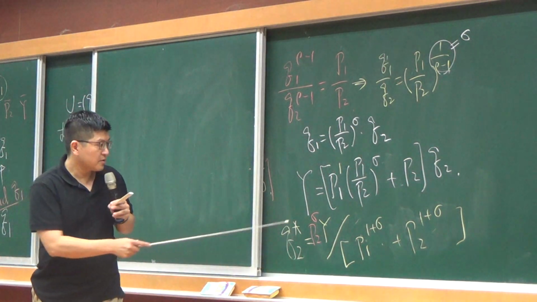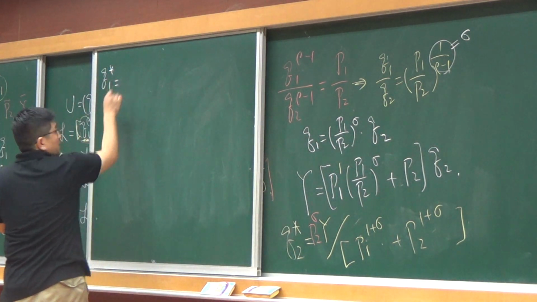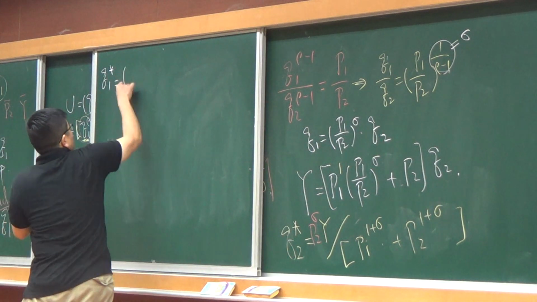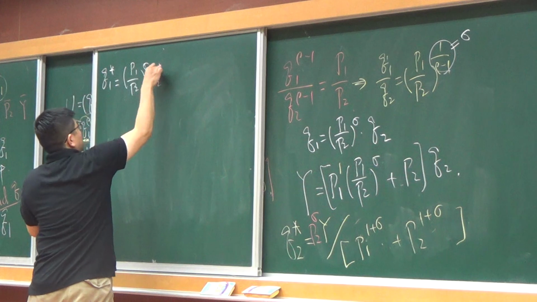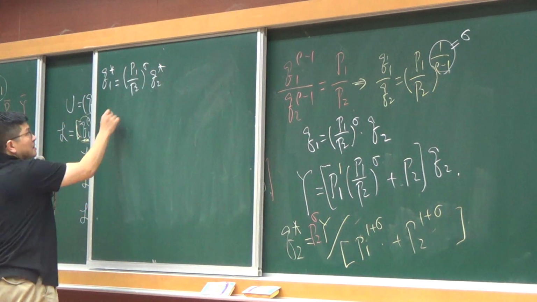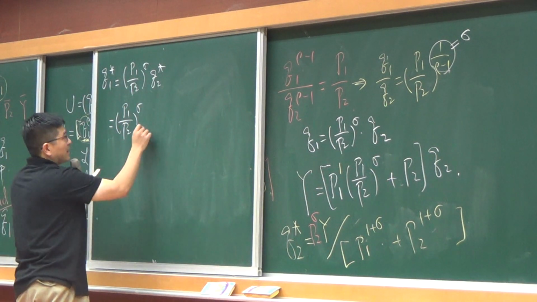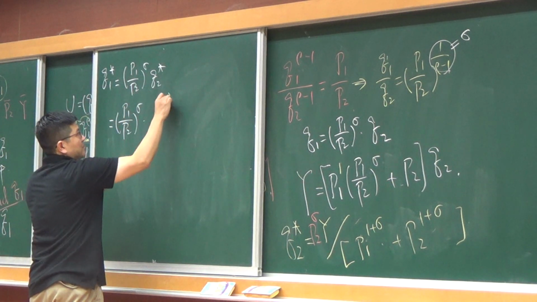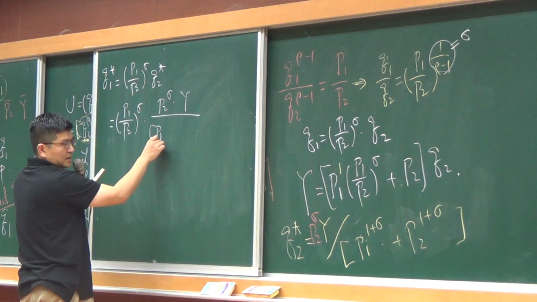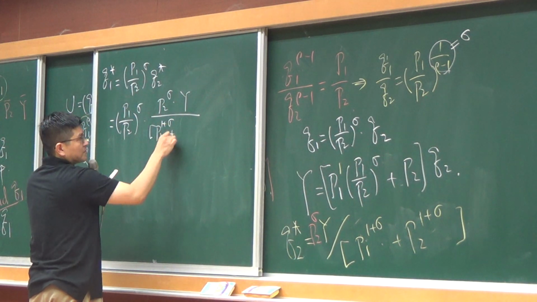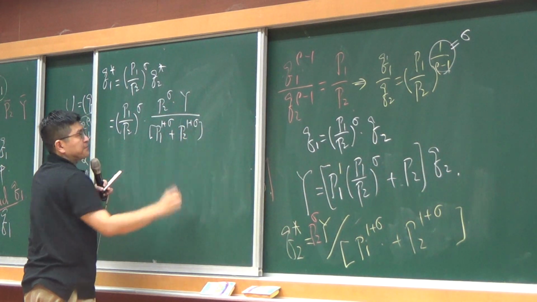Since Q2 star looks like this, and Q1 star is P1 over P2 to the power of sigma times Q2 star, it would be P1 over P2 to the power of sigma, and P2 to the power of sigma times y, over P1 to the power of 1 plus sigma plus P2 to the power of 1 plus sigma.